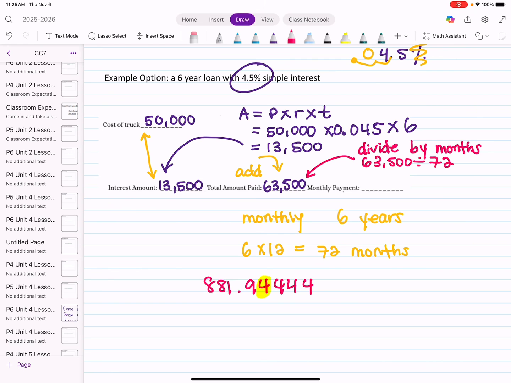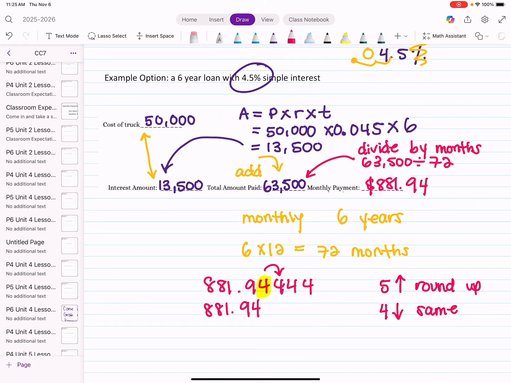So we're going to use the number to the right to see if we're rounding up or if the number is staying the same. Just remember, if it's 5 and higher, we're rounding up. If it's 4 and lower, it's staying the same. So here we have a 4, so that means that 4 is going to stay the same. So then our monthly payment is just $881.94.